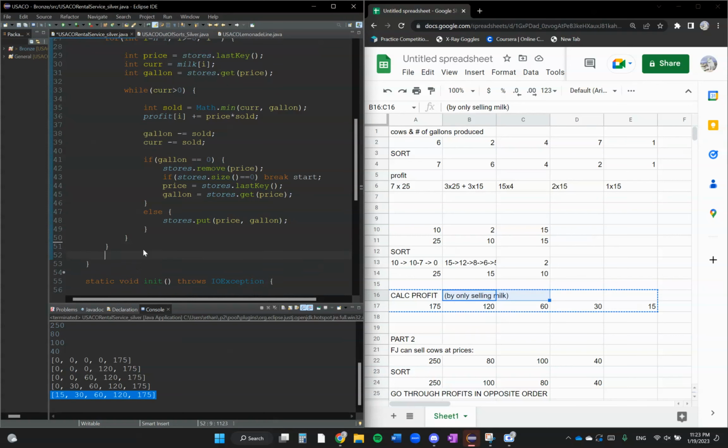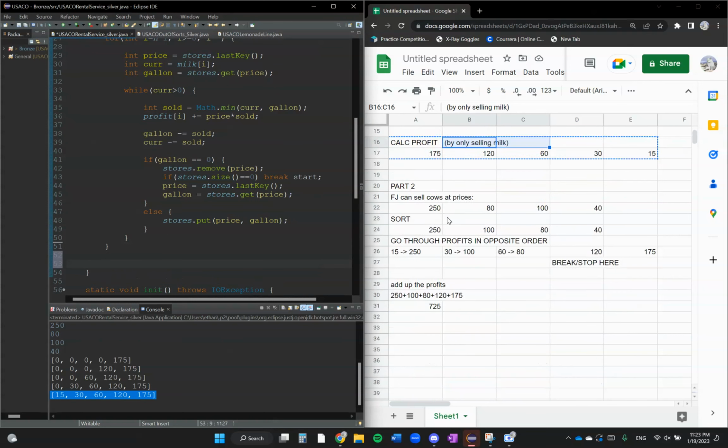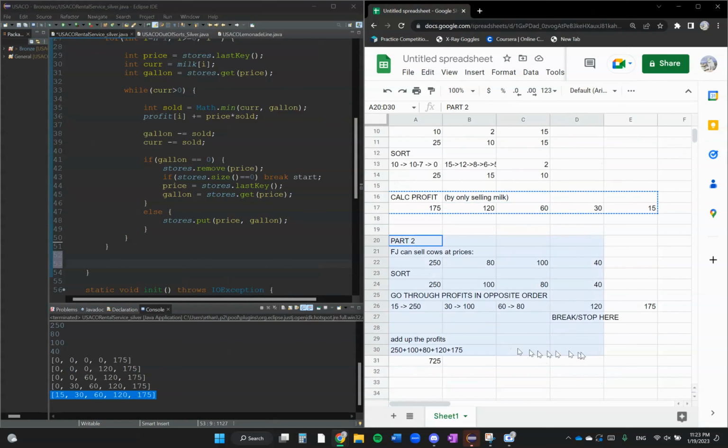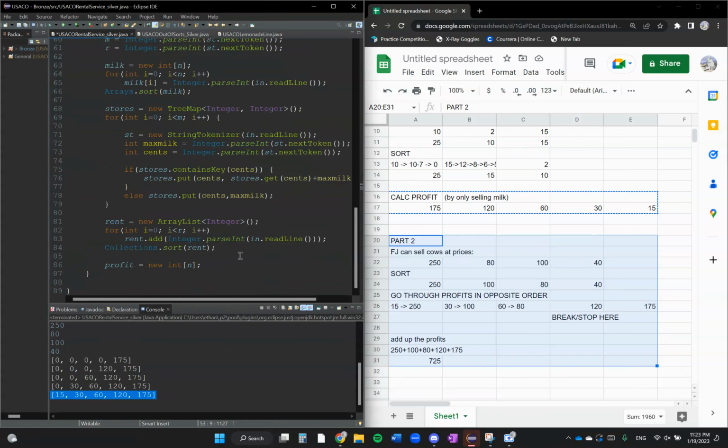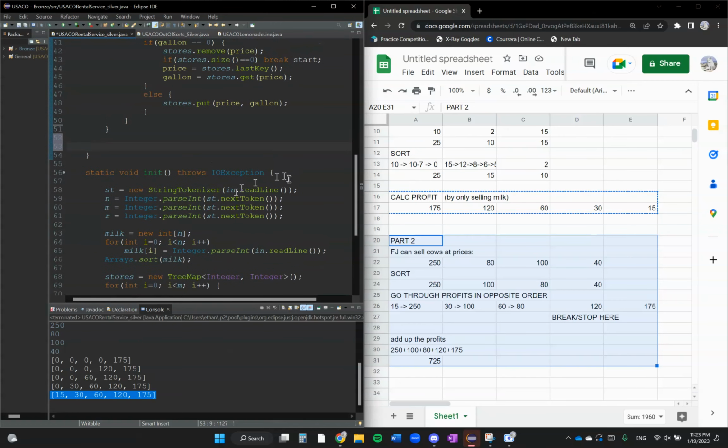And after this, what do we do now? So after this, in part 2, what we're going to do is Farmer John is going to see if he can sell a cow and make more profit. So first, let's go through each of the values in profit.